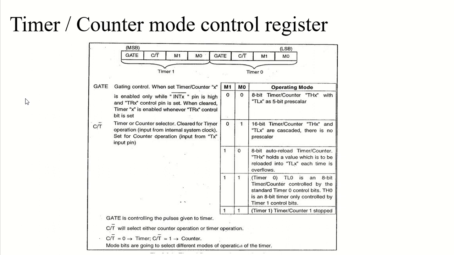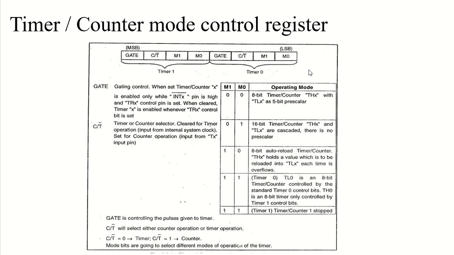This is for timer 1 and this is for timer 0. The MSB bits are for timer 1 and the LSB bits are for timer 0, most significant bit and least significant bit.